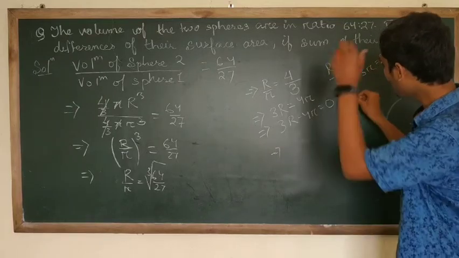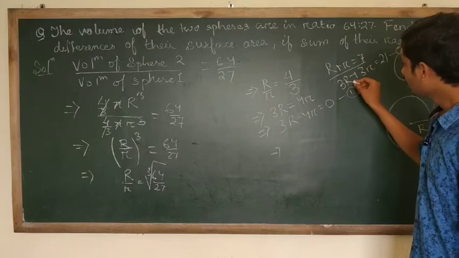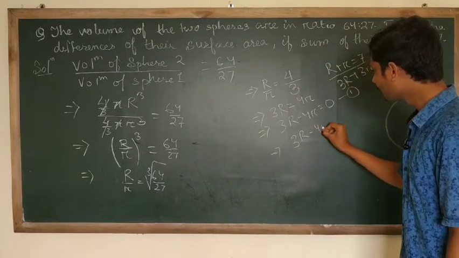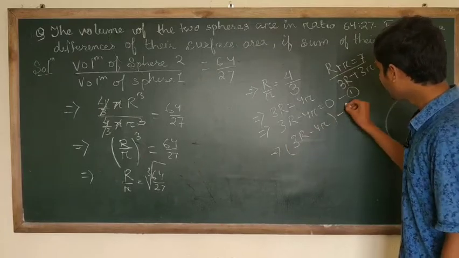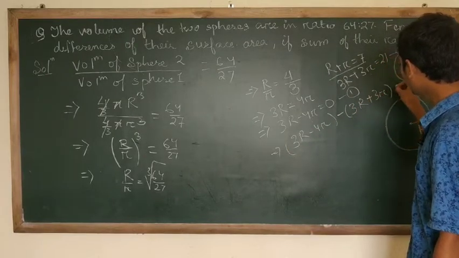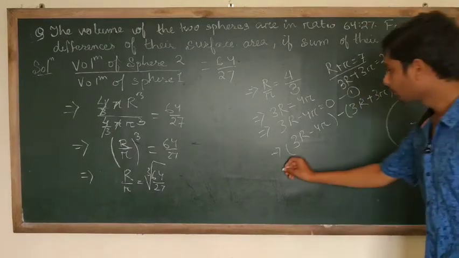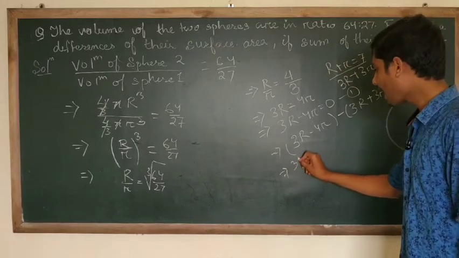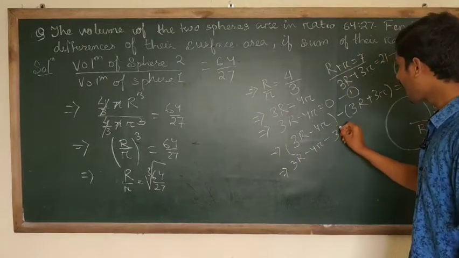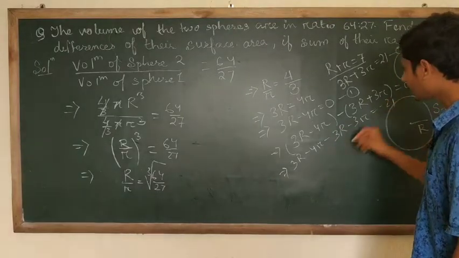This is equation 1 and suppose this is equation 2. So I am subtracting equation 2 from equation 1, so this will be 0 minus 21. So it will be 3R minus 4r minus 3R minus 3r is equal to minus 21.